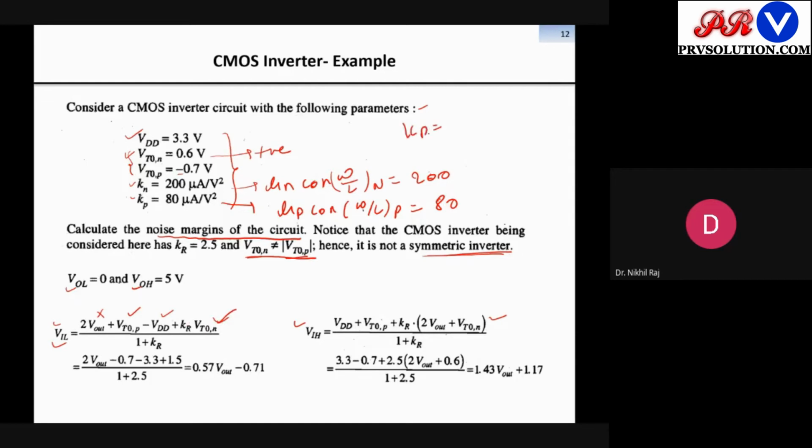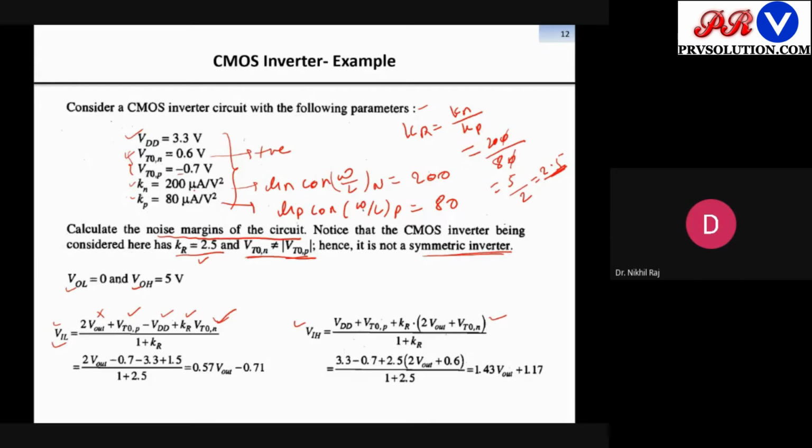KR is equal to Kn by Kp, and Kn here is 200 by 80. When doing the calculation you have to be aware of the units. These are the same units, micro, so they will cancel out. We get 5 by 2, that is 2.5. So KR is 2.5.